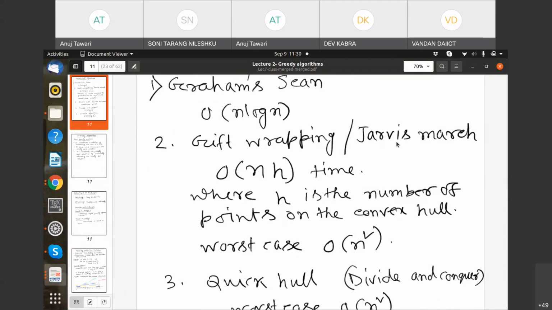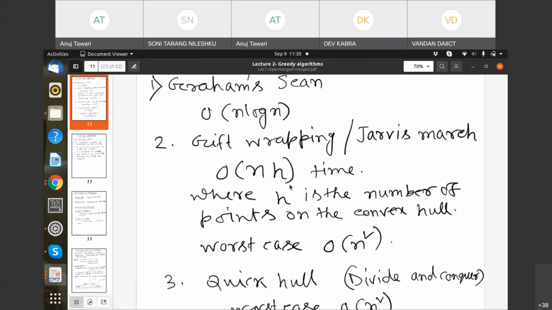Now, sir, according to this, what should be its order? n square, right? If n over 2 points are there on the convex hull, this is just n square by 2, which is n square. So, sir, for any case it will become n square.